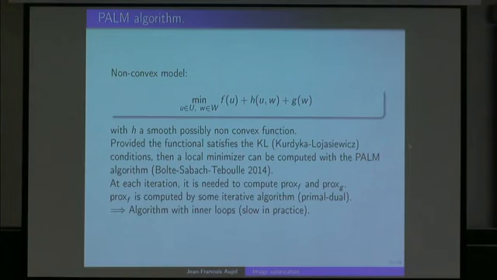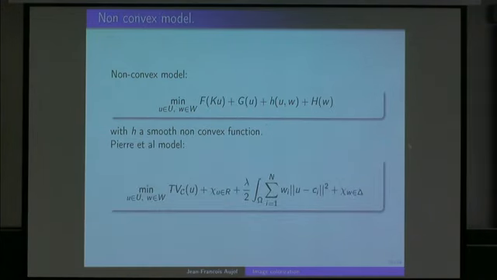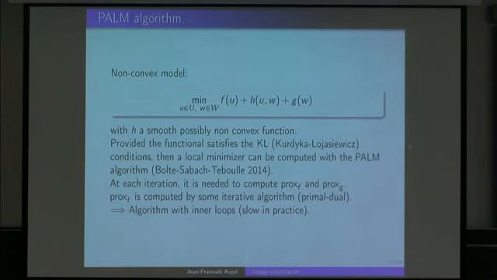Our functional is in this setting, even though we are a little more regular, so we can apply their algorithm. They have shown that provided the functional satisfies the Kurdyka-Lojasiewicz conditions, you can compute a local minimizer with the algorithm, which is some kind of generalization of the forward-backward algorithm. Basically, you just iterate a proximal operator of the functions f and g.